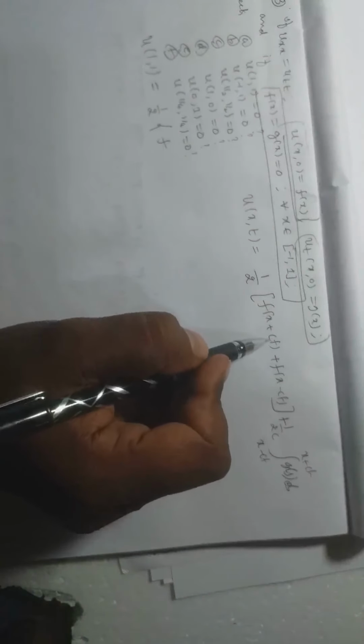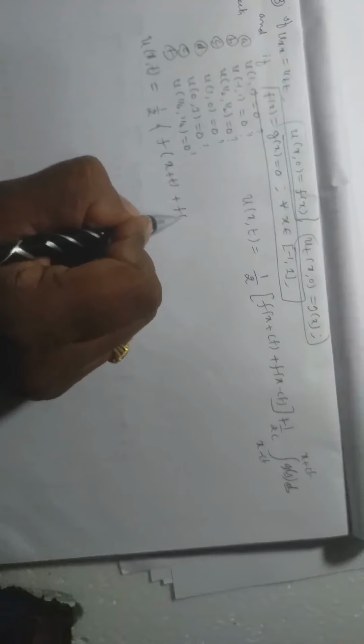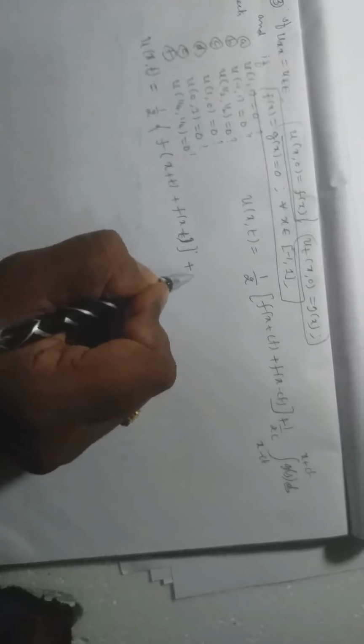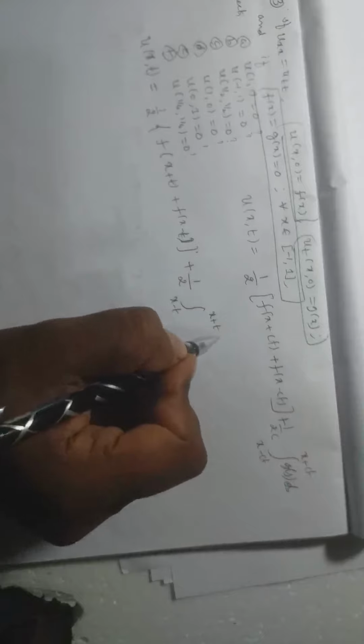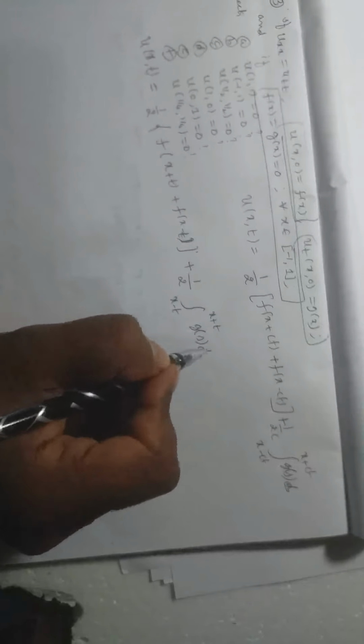Now what is u of 1 comma 1? Whether it is 0. So it is half into f of x plus ct, c is 1, so let me say u of x t is half into f of x plus t plus f of x minus t plus 1 by 2 integral x minus t to x plus t g of s ds.